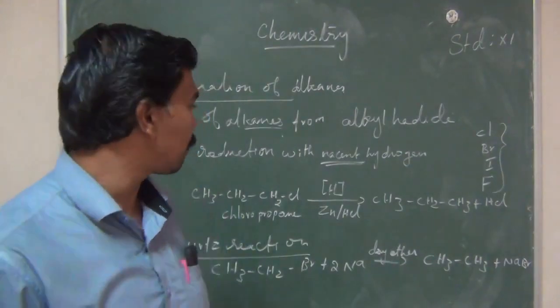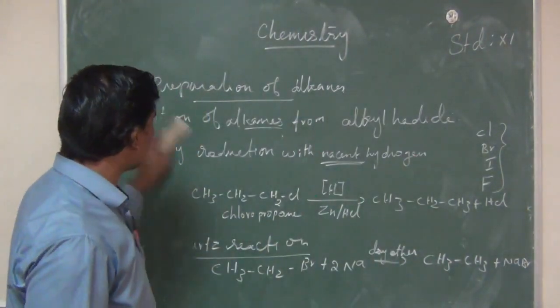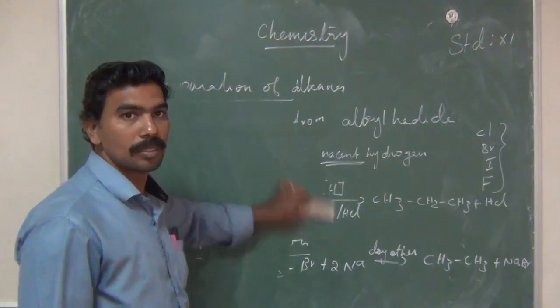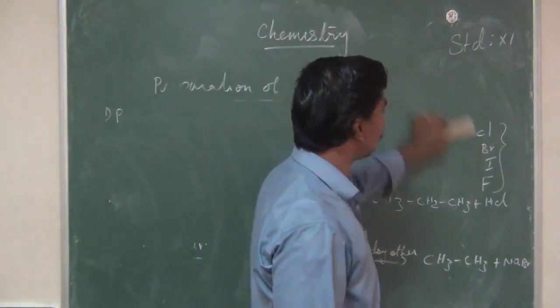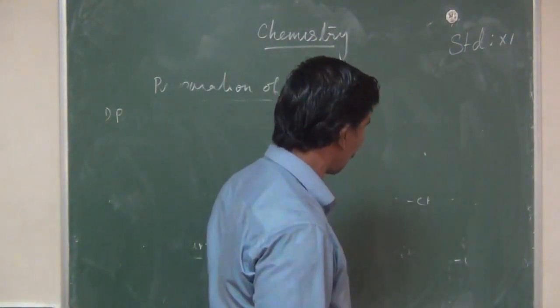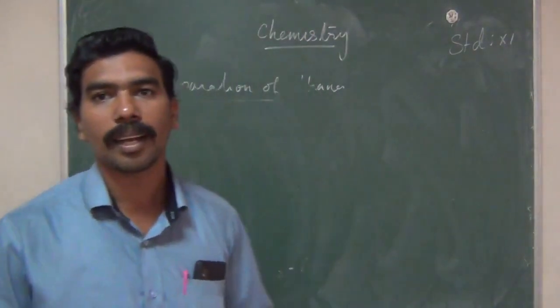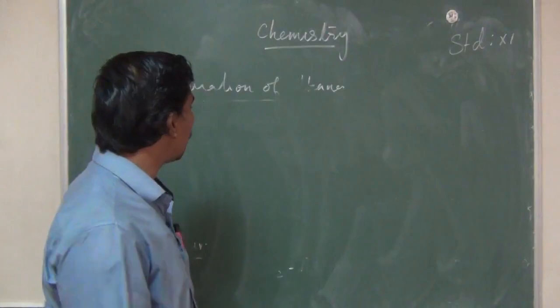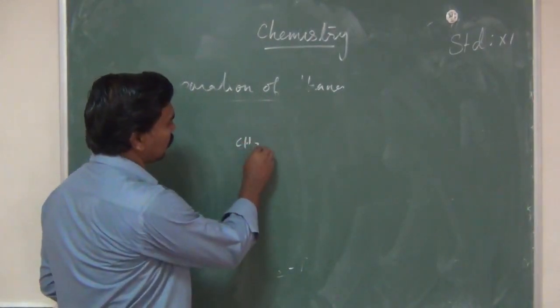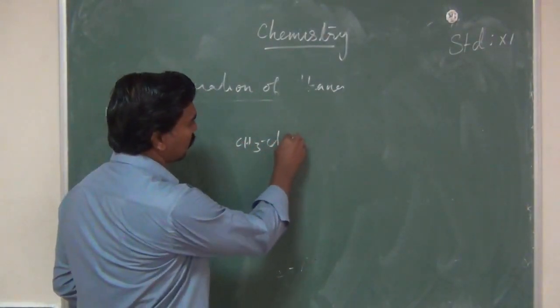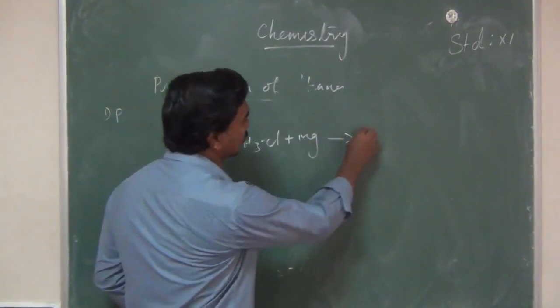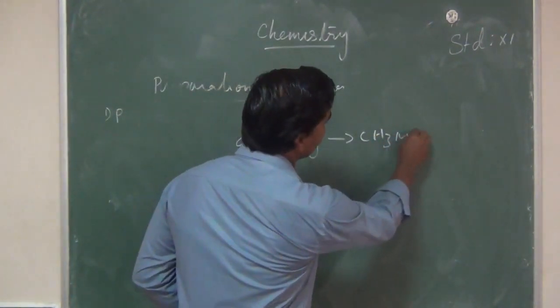The next example is the preparation of alkane from Grignard reagent. First we are going to prepare the Grignard reagent. The Grignard reagent is made from methyl chloride plus magnesium, Mg, to get CH3MgCl.